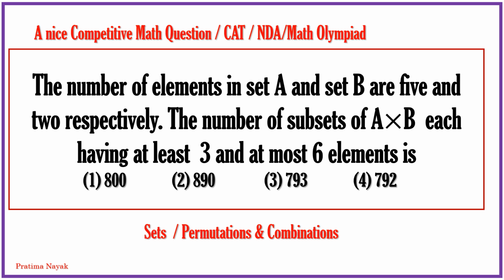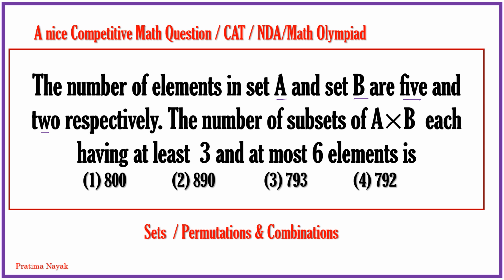Today I have taken a question from permutations, combinations, and it includes the set theory properties also. The question is: the number of elements in set A and in set B are 5 and 2 respectively.